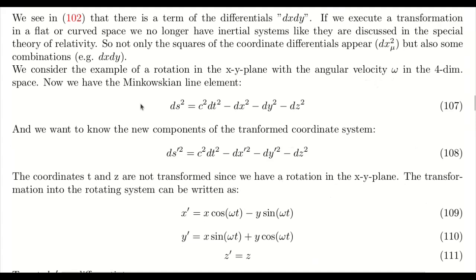Then for the Minkowskian line element, we would have ds squared. This is a 4-dimensional Pythagorean theorem, but using the pseudo-Euclidean geometry. So the squares of the differentials in the space coordinates are negative.